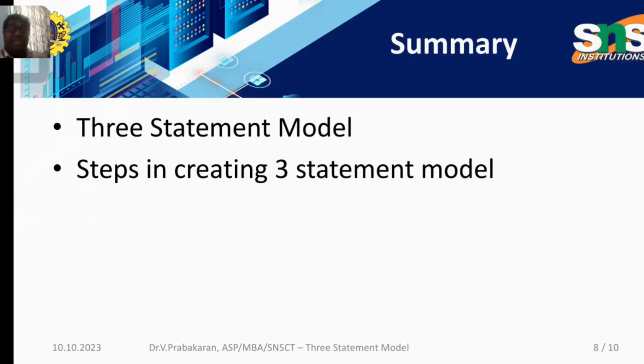And lastly we have seen the steps in creating the 3-statement model, starting from data collection from the past history, then assumptions in the forecasting model, linking the model in the income statement and connecting to the balance sheet. Finally we arrive at the cash flow model. This is what we have discussed in this class. We will see the live workings in the next class. Hope you understood the concept of the 3-statement model and its applications in the industry.